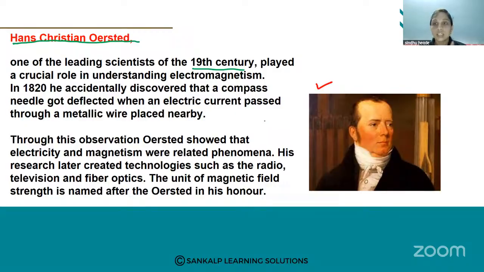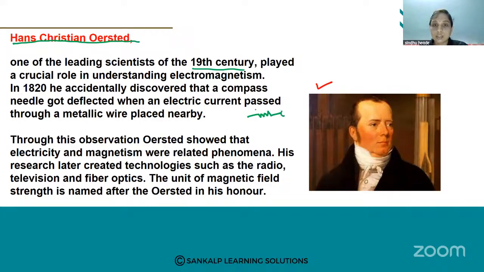See, what does he do? He used some instruments, some components, and made one circuit. For example, this is one circuit. We are all well acquainted with circuits because we already learned these concepts in the electricity topic, right? Yes, isn't it, students?